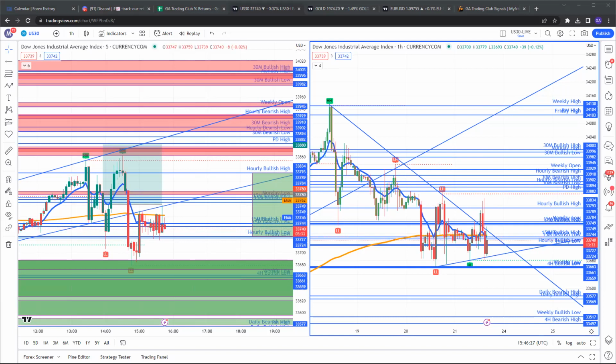So I was wondering, is it better to go to 1 to 1 and take this profit, or stick to the strategy? How did you get to this point where you told yourself you are going to take 1 to 1 risk management? Okay.